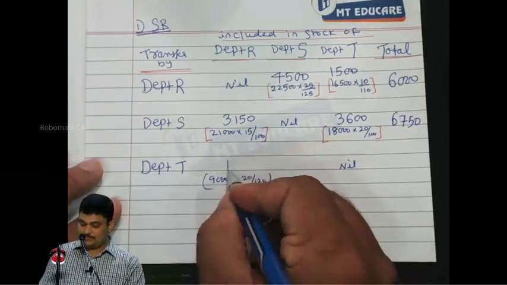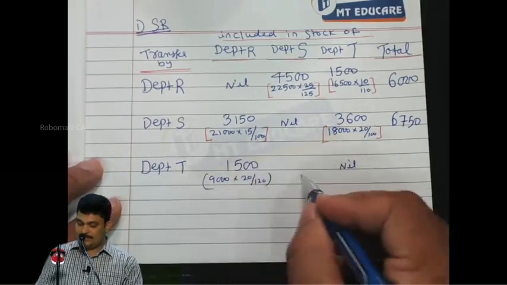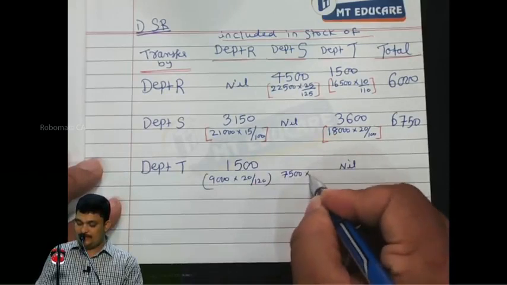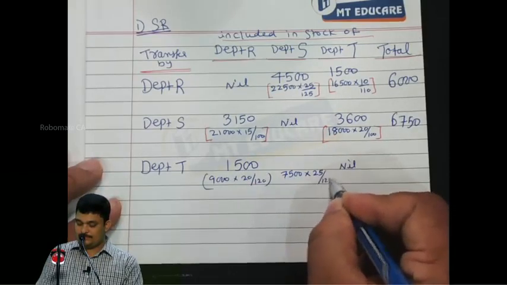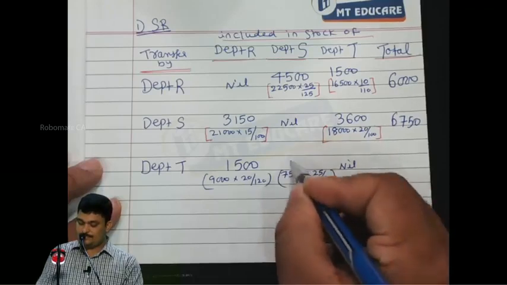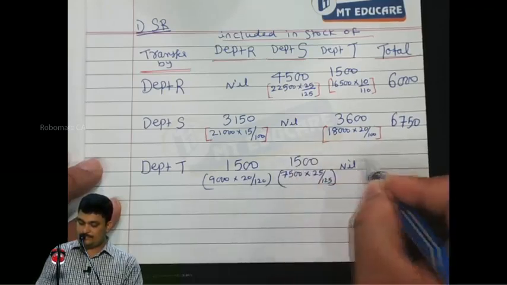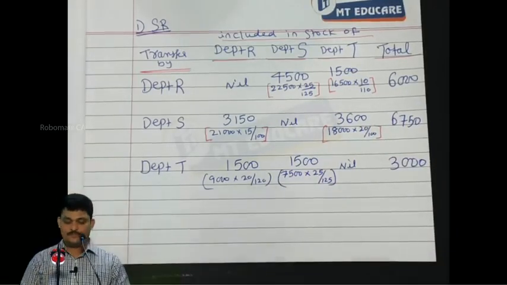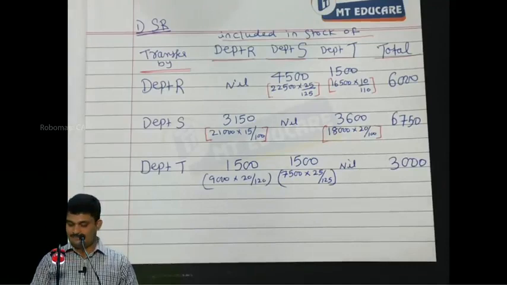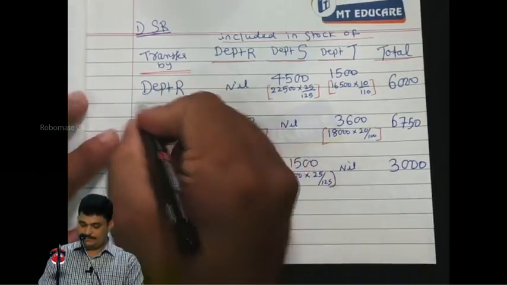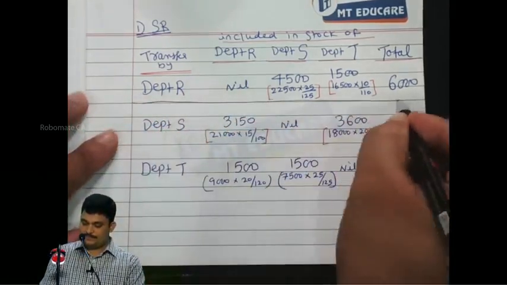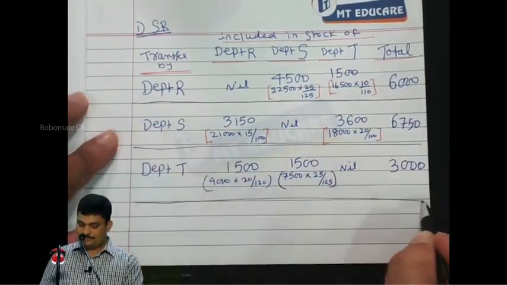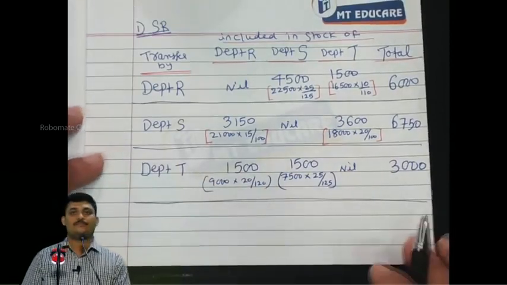So then 7,500 into the margin. That's all. Everybody?